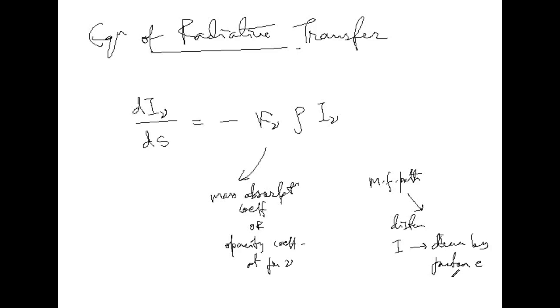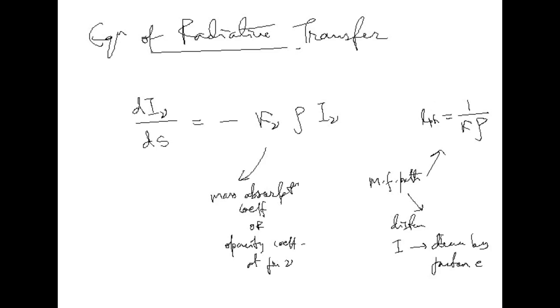Now if we make a proper average over frequency, then we can write this mean free path l, basically l_ph, the mean free path of photons, as 1 by kappa times rho.